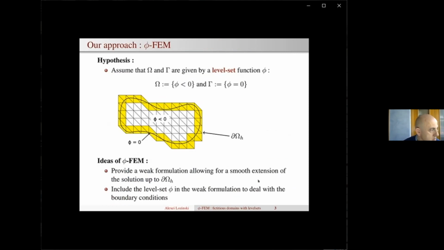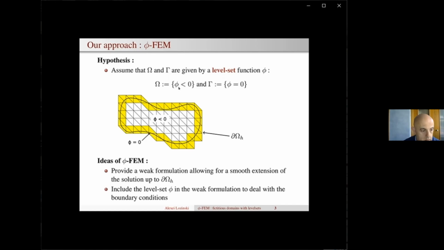So here comes our idea, FIFEM, in which we hope to get the best of the two worlds. So we extend the solution outside the physical domain omega as in old fictitious domain methods. At the same time, we can do it with optimal accuracy as in XFEM, CutFEM. The method is based on the level set function phi, hence the name phi-FEM.